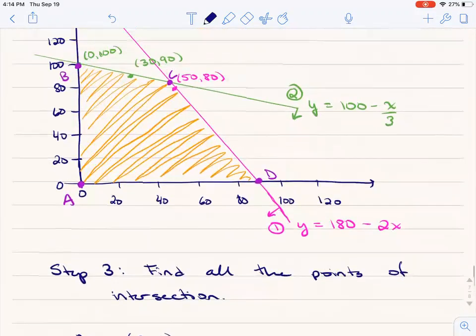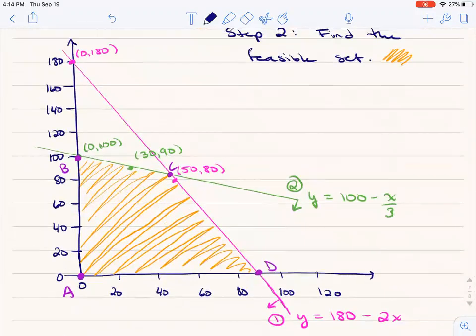Because just like up here, to find these points of intersection, we forced x to be 0, but if we're going this way, here y is 0, so this line is y equals 0. Okay. All right.